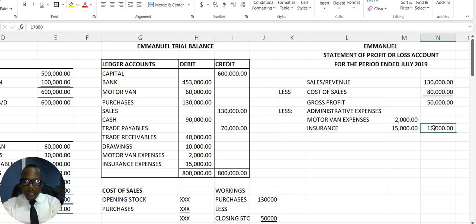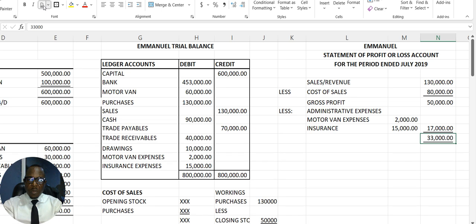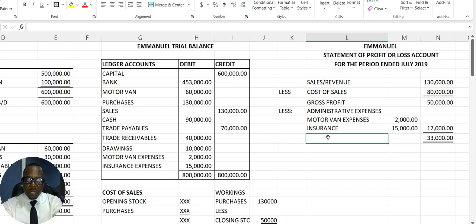So we will take this away from the gross profit. It gives you your net profit of about 33,000. All right, are we together? And this 33,000 is supposed to be a double underline, because that is the net profit for the period. All right, so that is that on that.